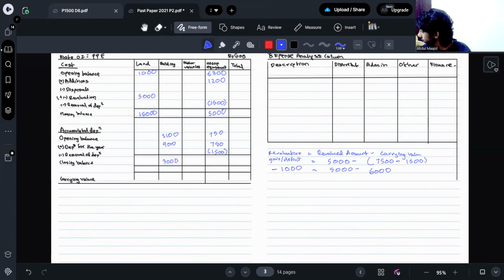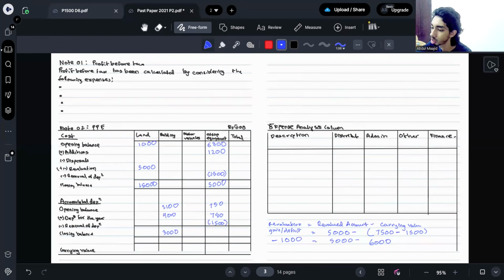Now this is also being revalued for the first time, right? Revalued for the first time. 7,500. So yeah, the deficit is 1 million.